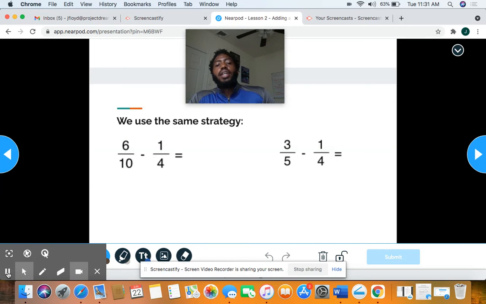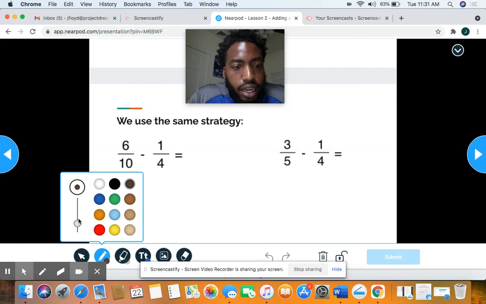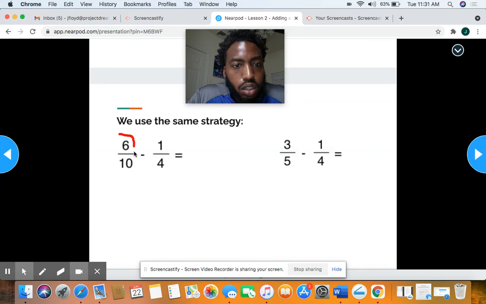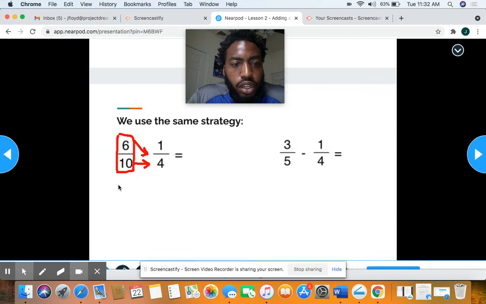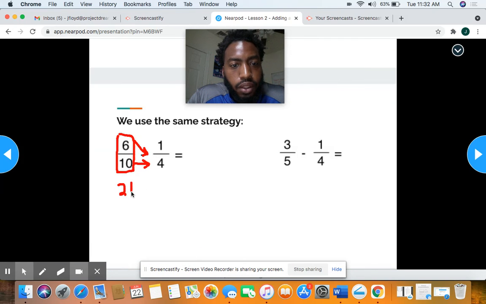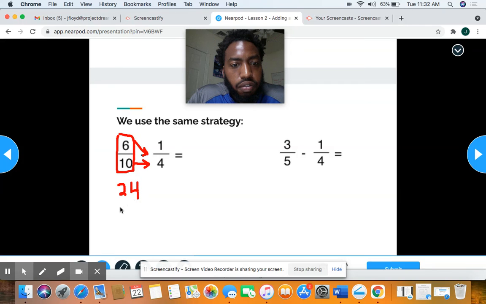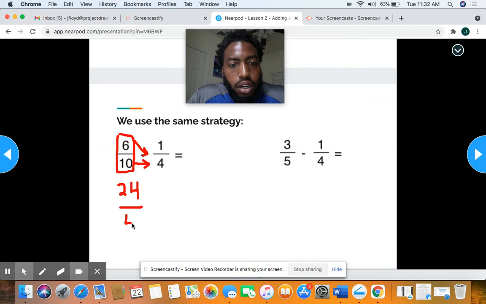All right, you guys know the drill. We use the exact same strategy. We look at our first fraction. We draw our arrows. The arrows mean multiplication. So 6 times 4 is 24. 10 times 4 is 40. Okay.